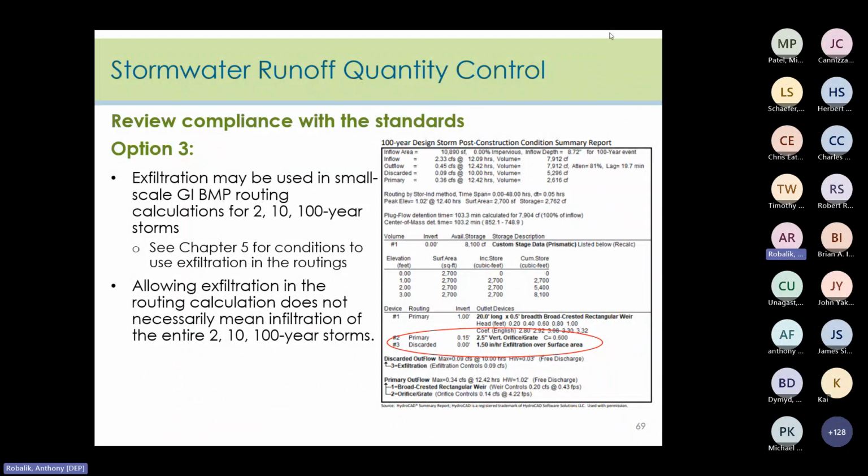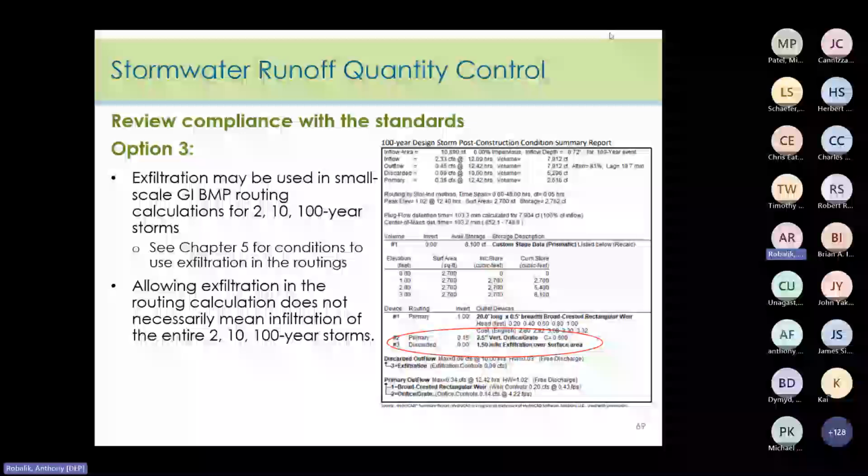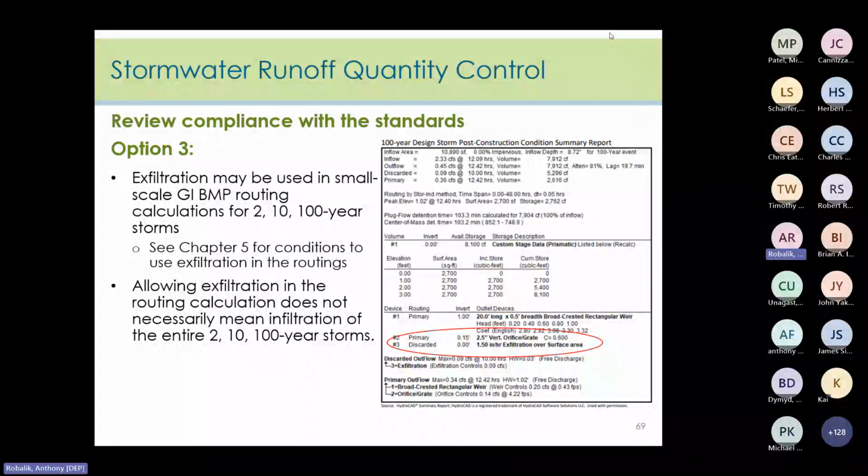So in this case, the maximum storm that can be entirely infiltrated is the largest storm event with no runoff leaving the site in the pre-construction conditions. Or if the volume of stormwater runoff to be fully infiltrated is required by law or rule implemented by the Pinelands Commission, the Highlands Council, or any other stormwater review agency with jurisdiction over the project area.